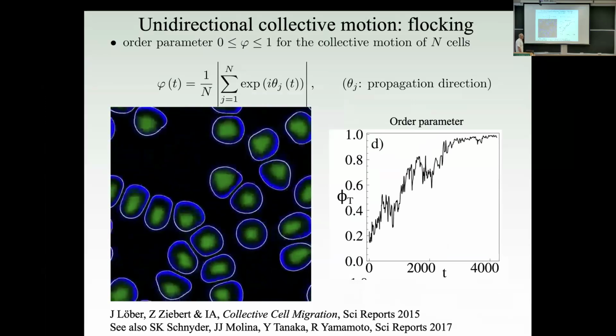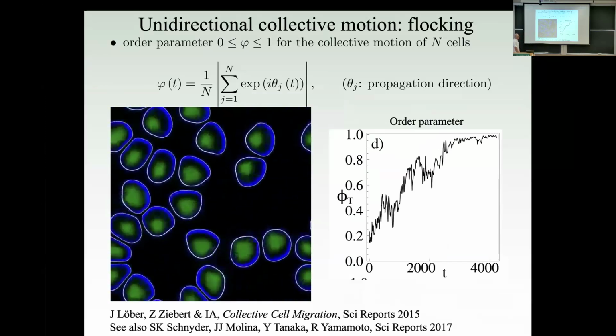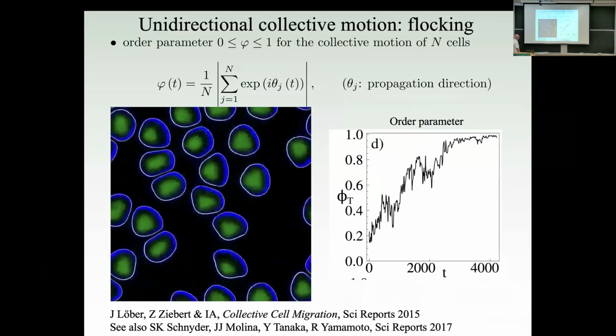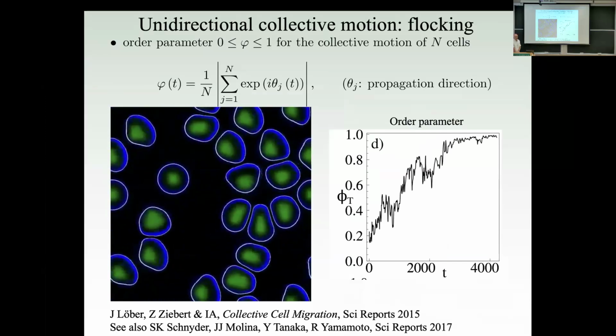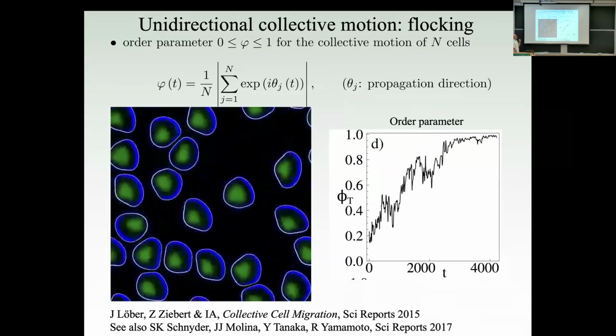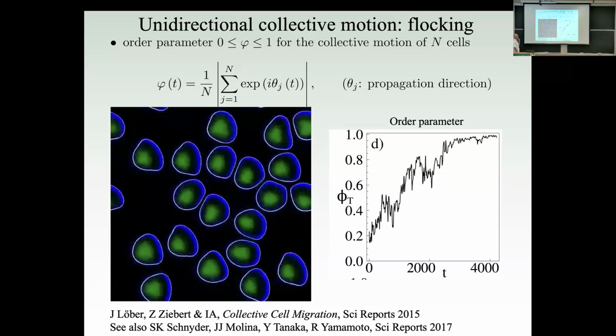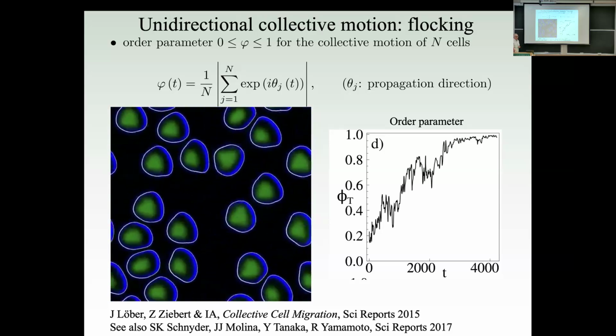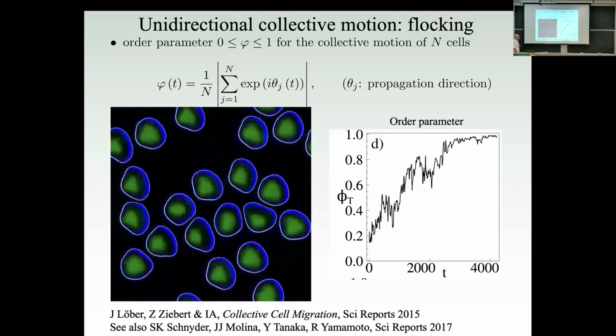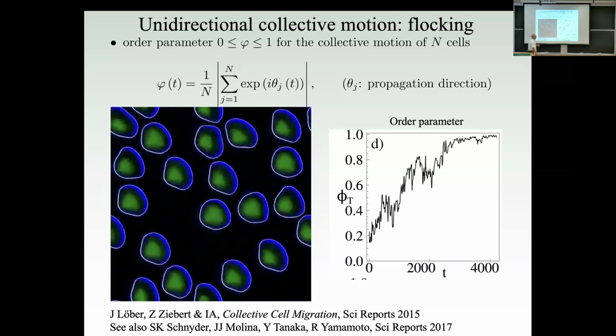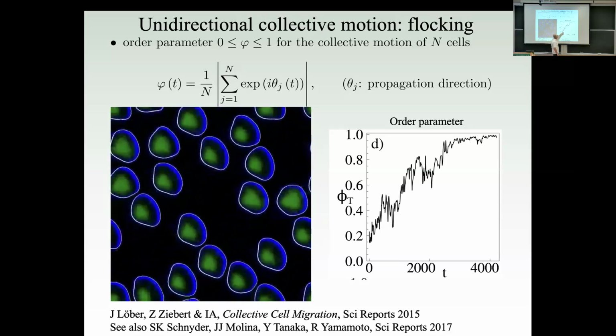They collide for some time, and after some time they all move together. They form collective migration. This is reminiscent of the transition in the Vicsek model of interacting particles, and we even calculated the order parameter, which is the average velocity of all particles, and it eventually increases.